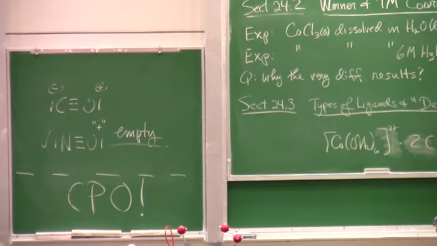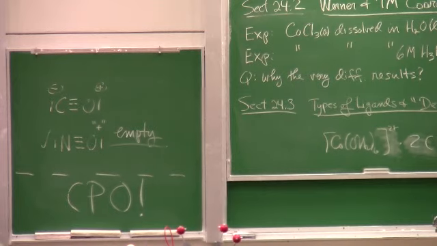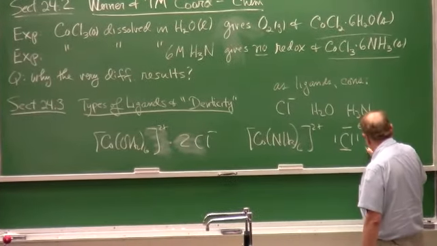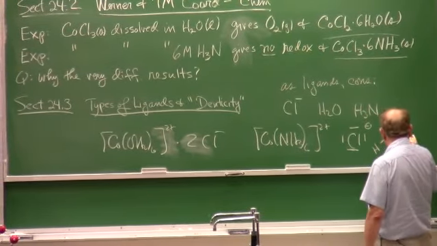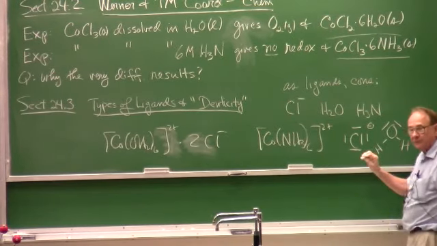A task which should be simple. Write the Lewis structures for these things right now. And remember, I don't use dots. I don't give a damn what the textbooks prefer.